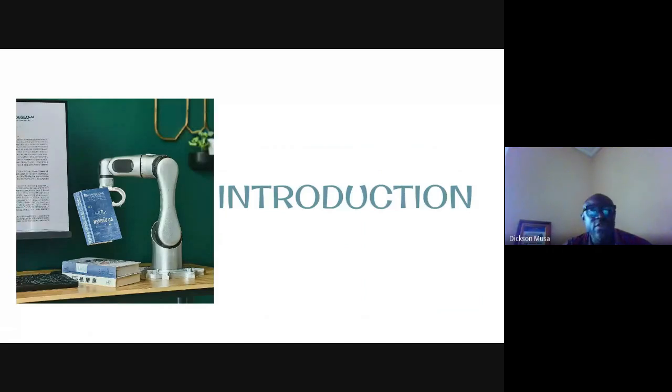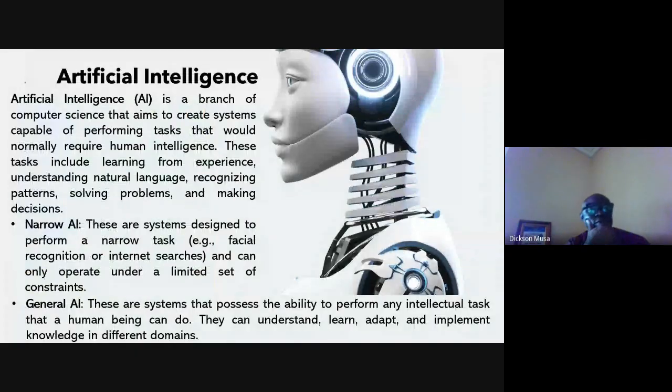Now, let's deal with the introduction. We know that artificial intelligence is a branch of computer science. And the aim of artificial intelligence is to create systems that are capable of performing tasks that will normally require human intelligence to carry out.